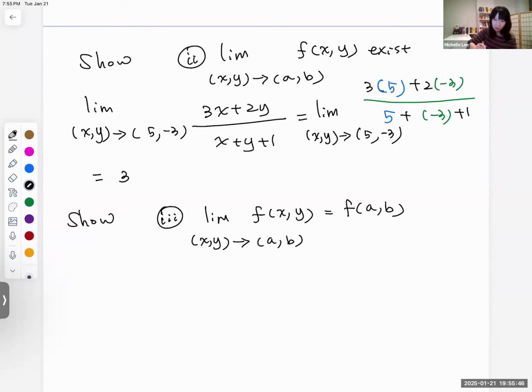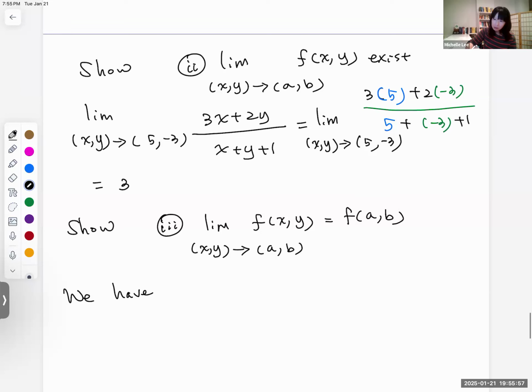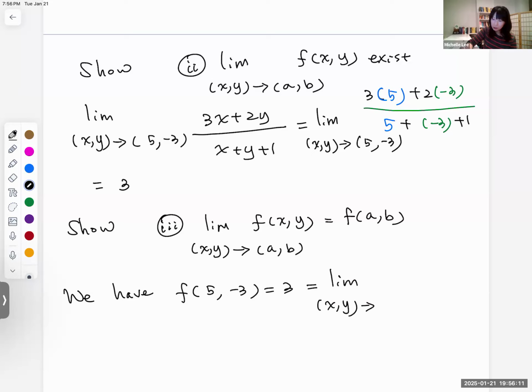So just to conclude, we have f of (5, -3) equal to 3, equal to the limit as x, y approaches (5, -3) of f of x, y.